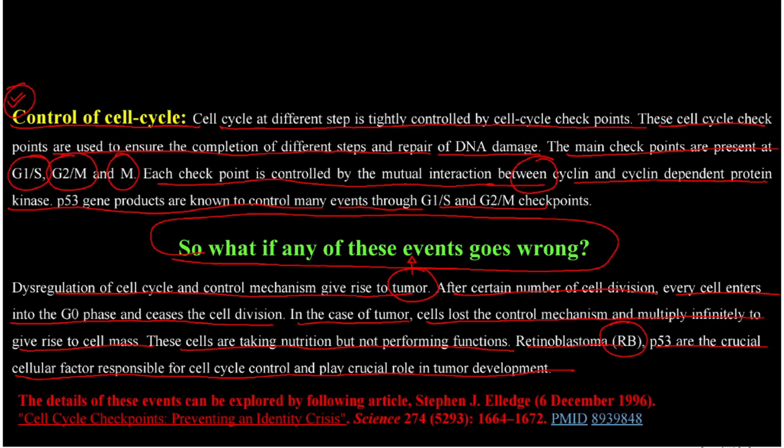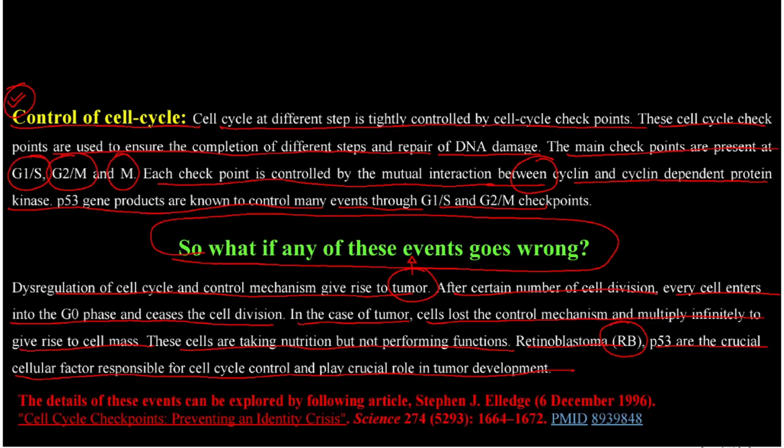Each checkpoint is controlled by mutual interactions between cyclins and cyclin dependent kinases, basically cyclins and CDKs. P53 gene products are known to control many events through these checkpoints.